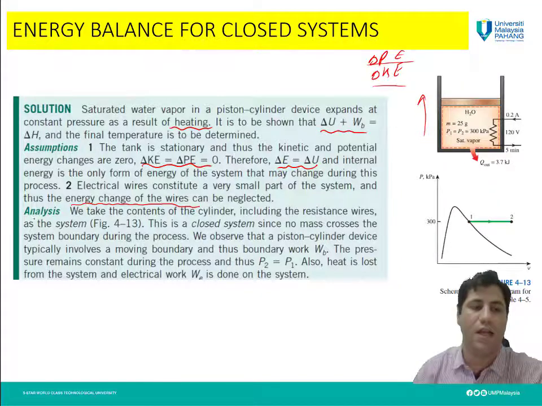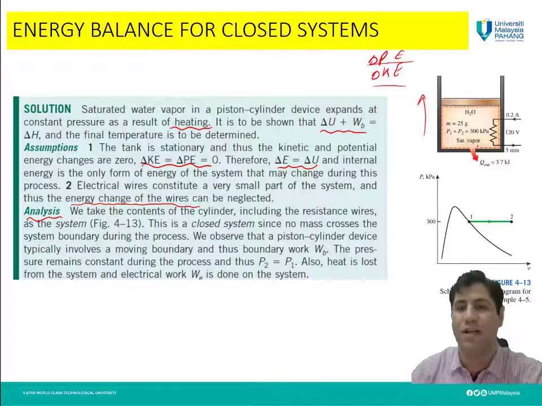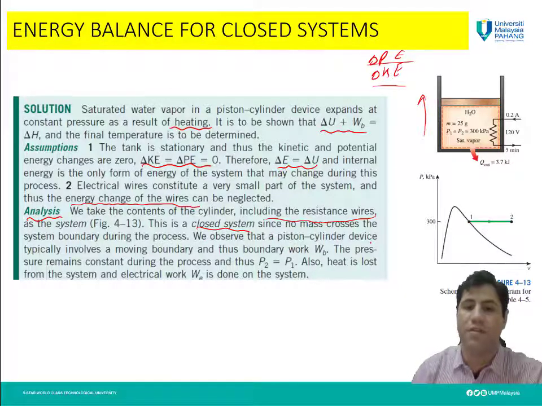As I said, according to the analysis, I will just repeat what I told you up to now. We take the content of the cylinder, including the resistance wire, as our system. This is a closed system, for the reasons I told you: no mass transfer. A piston-cylinder device typically involves a moving boundary.